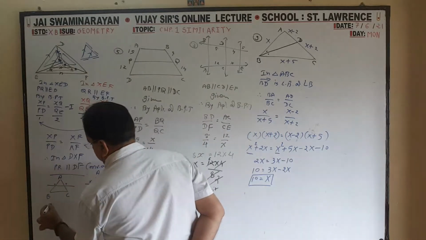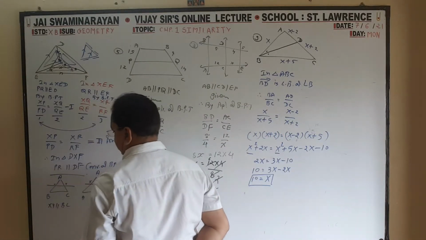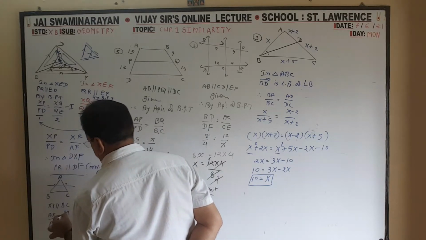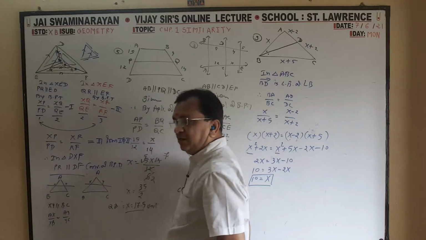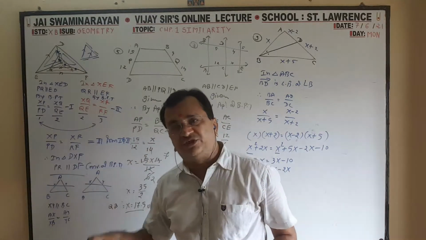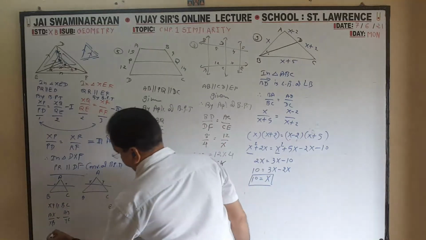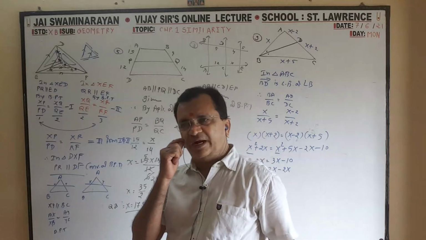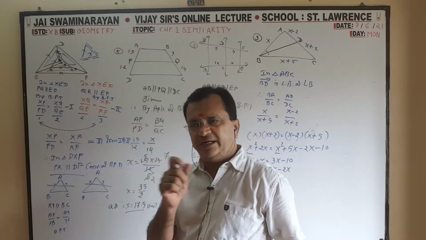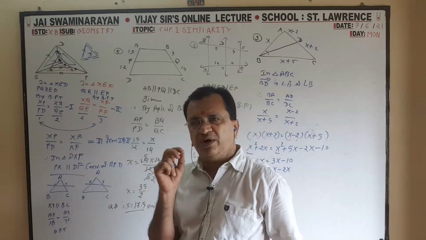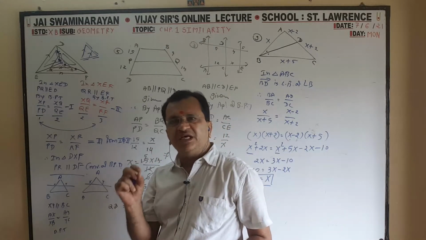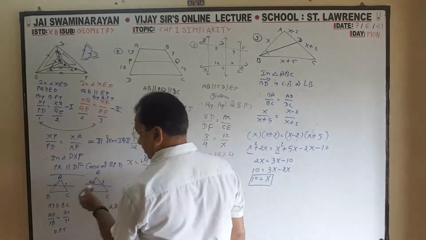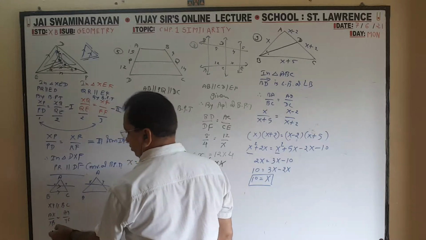Here XY is parallel to BC. Therefore, AX by XB is equal to AY by YC. When it is parallel, you can write the ratio equal, that is BPT. When one line is parallel to one side of the triangle and you write the two ratios, that is the basic proportionality theorem. Here parallel is given, so you can write the ratio equal.